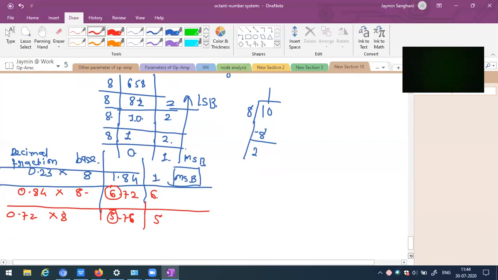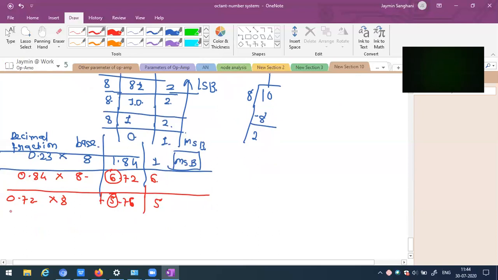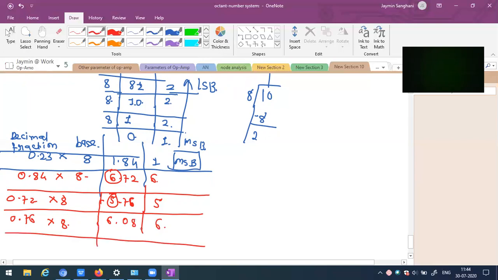So next, 0.76 into 8 is 6.08. So 6. So here 0.08 multiplied by 8 is 0.64, 0.